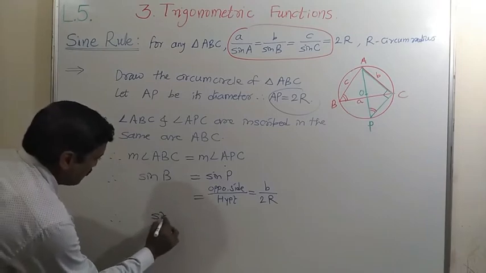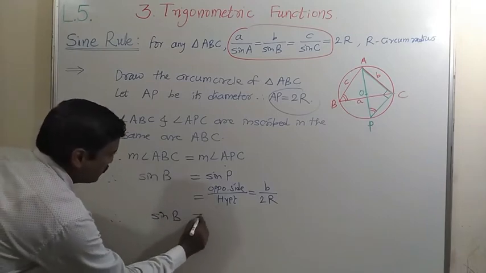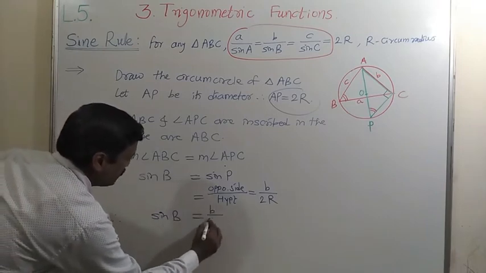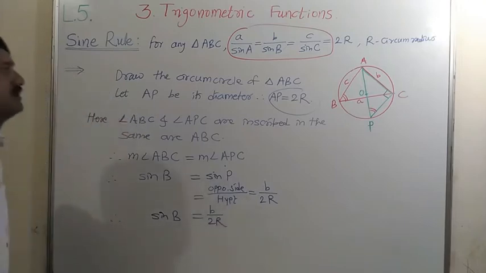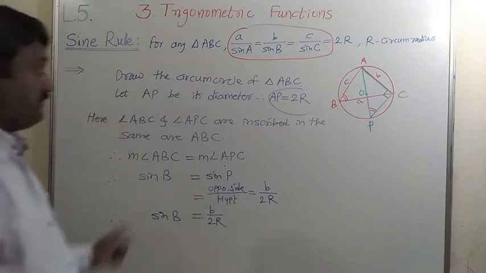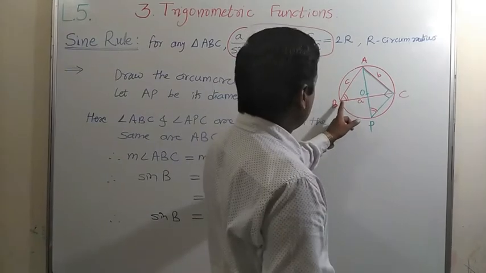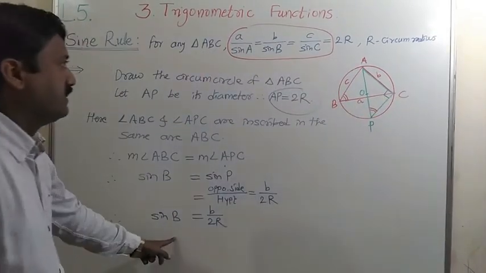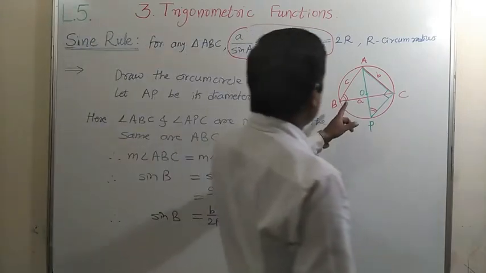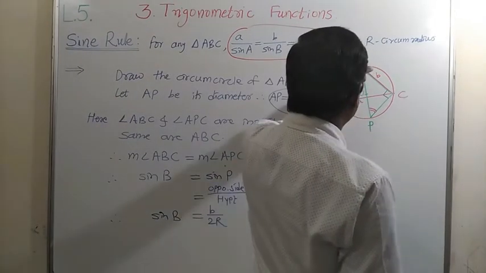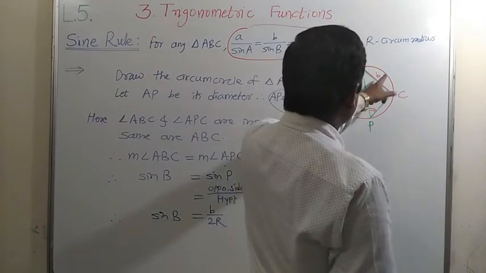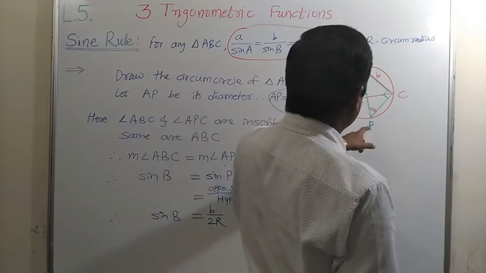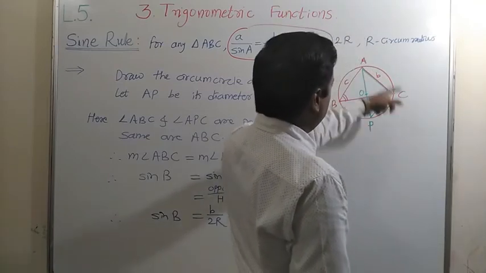Therefore, sin B is equal to b upon 2R. Similarly, if you draw a diameter passing through point B, here we have drawn a diameter passing through A, and this b is opposite to this angle P in triangle APC.